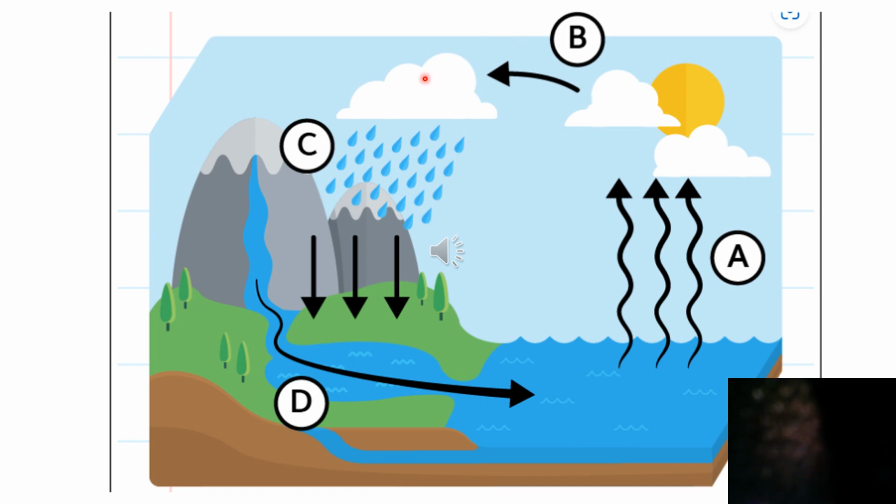An example of the condensation process in your daily life is when you have cold water in a glass, you can see some water droplets outside the glass.